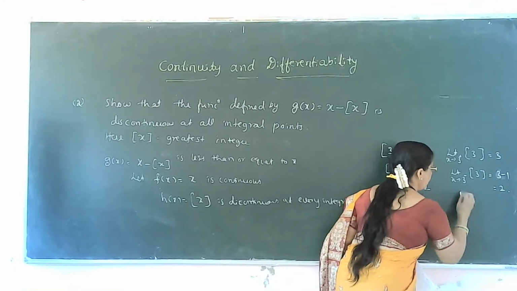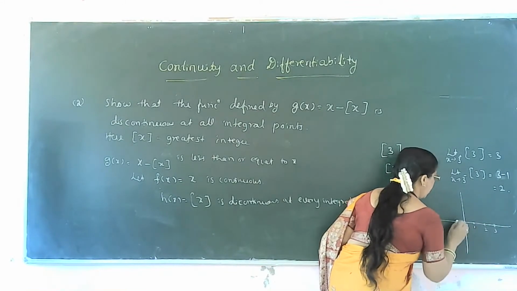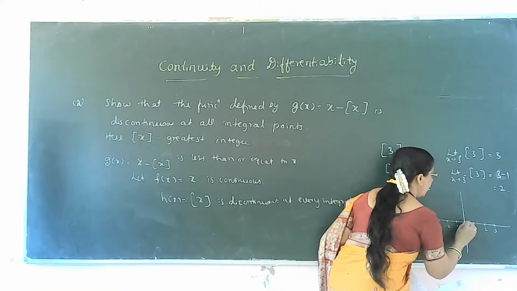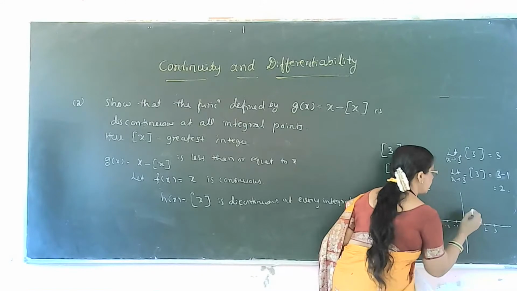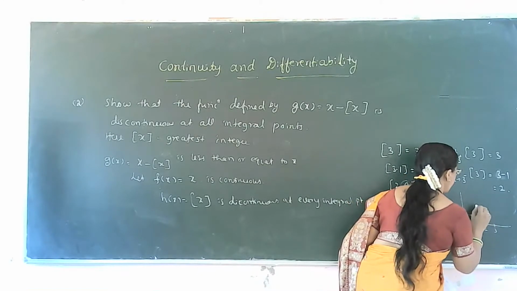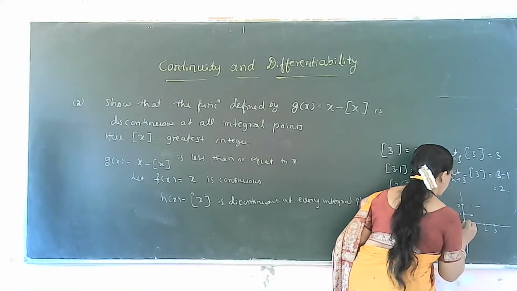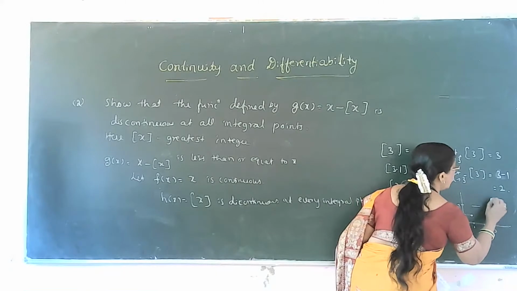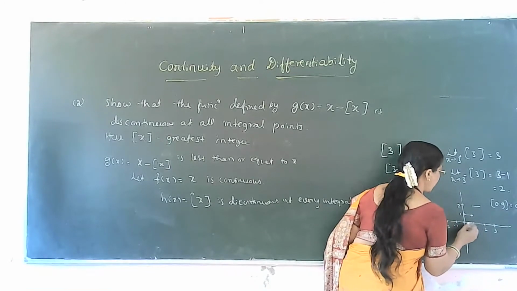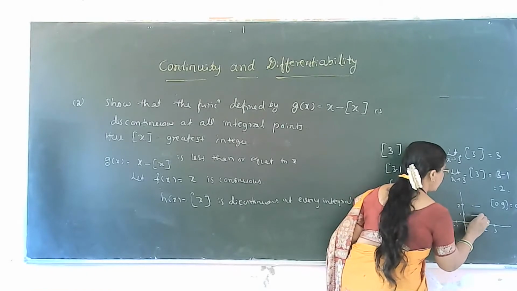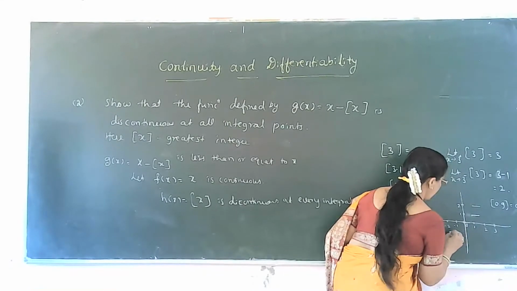If we know the graph of the greatest integer function, with points 0, 1, 2, 3, minus 1, minus 2, minus 3, then the greatest integer value of 0.9 is 0 only. The greatest integer in this number is 0 only. Therefore, here it is 0.